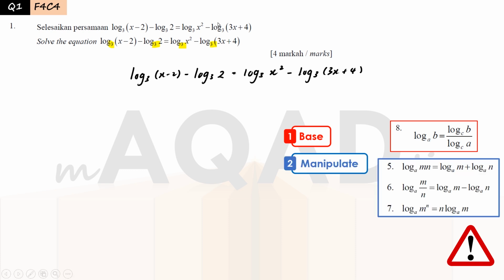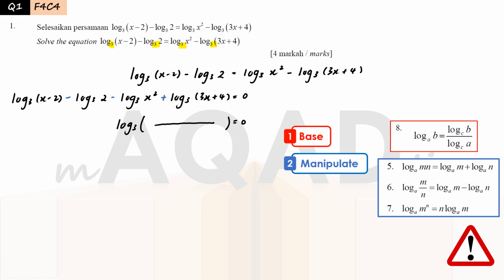So manipulate meaning we are going to manipulate or change the logarithm values that we have here so we can simplify them. So for example, as you can see, all of them have log, so why not we move all of them to the left side and then we simplify them so that we can form one simple log. Right? So as you can see in the formulas here, if it's plus, we are going to multiply.